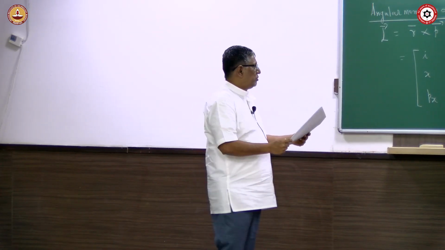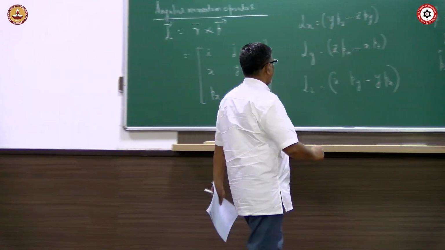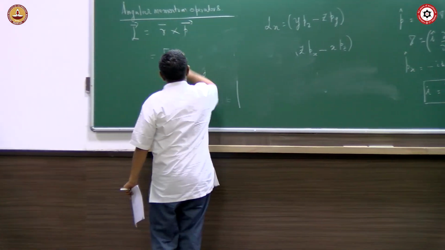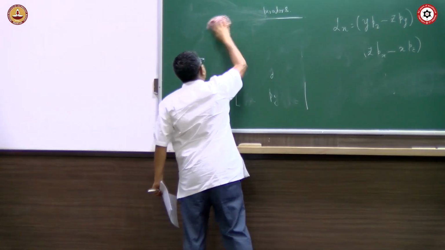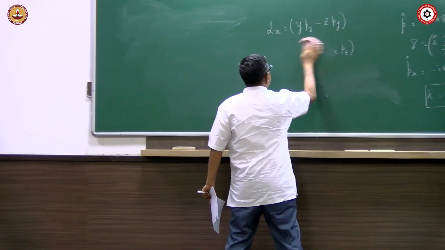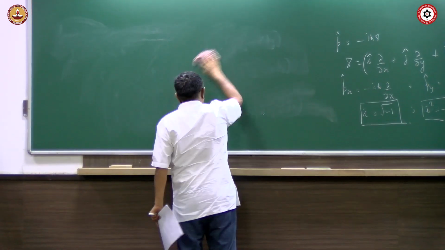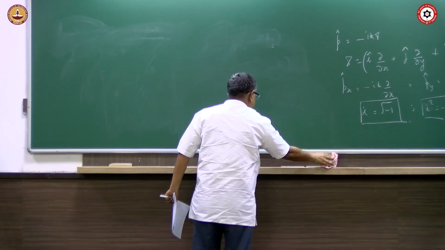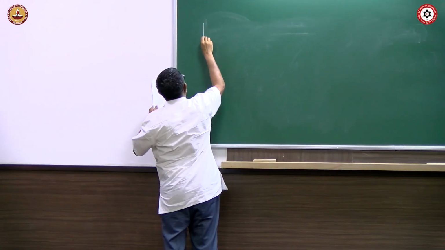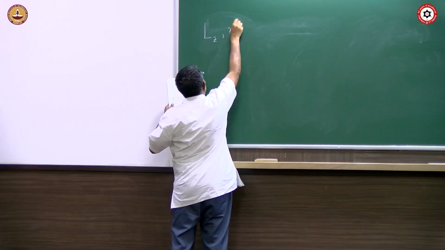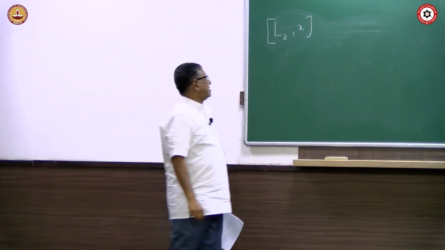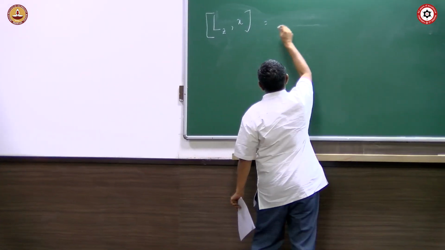Now I want you to try this. I will give you some time. So we have been working out the commutators, right? So can we write the commutator involving, let's say, Lz and x. What is the meaning?